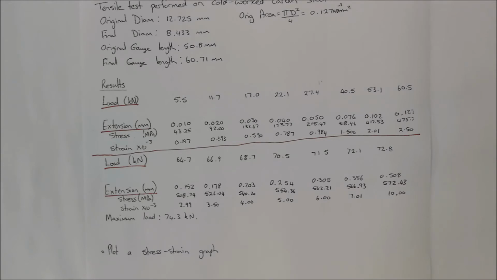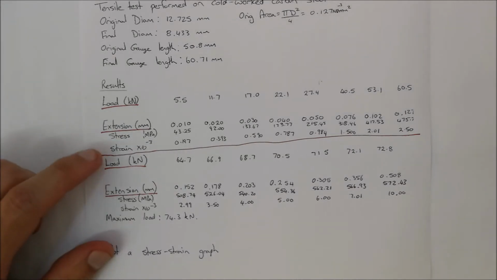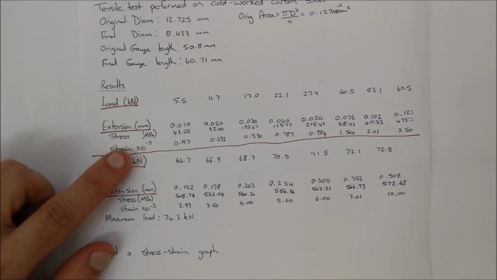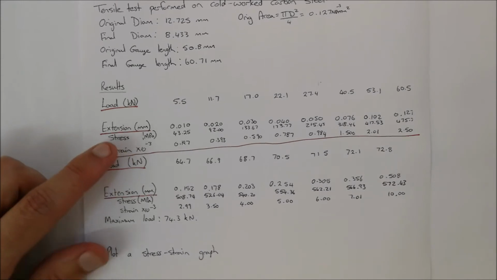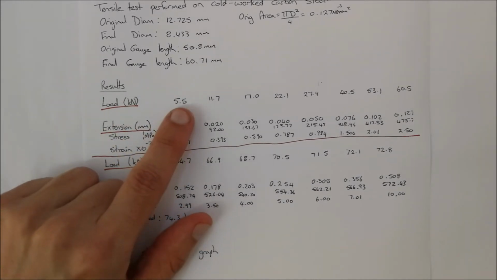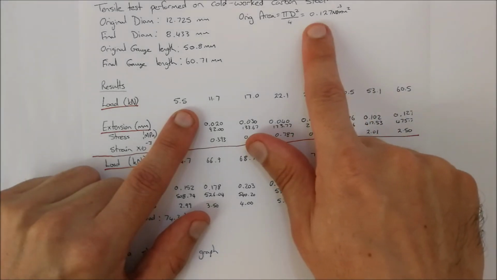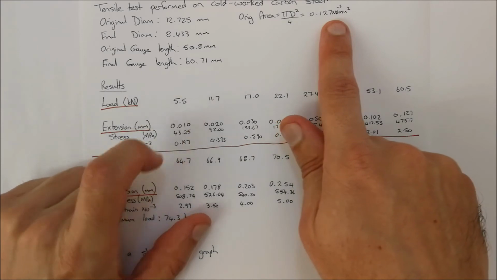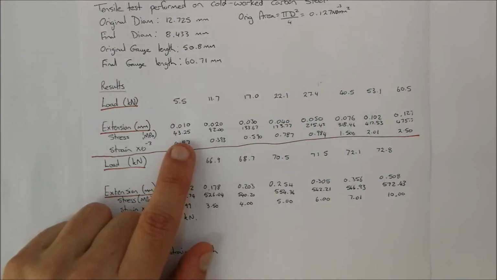Alright, so now after you've done that, as we did in the table on a spreadsheet where we converted the load and the extension, we had to convert it into stress and strain. Keep in mind that stress is equal to force over area. So you take this force, for example 5.5, and you divide by the original cross-sectional area, which is 0.127 times 10 to the minus 3, and you would then get the stress value of 43.25 megapascal.